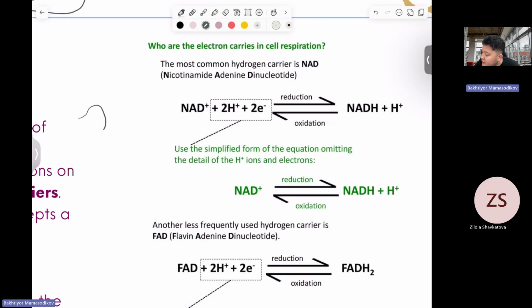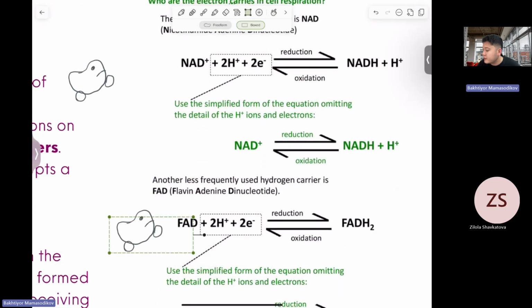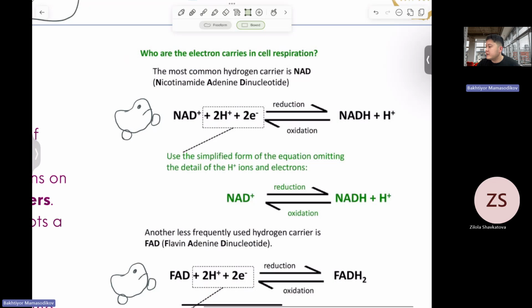Imagine the electron carrier is a transporter that has wheels. This is just an illustration. Imagine this is NADH, and this is FADH.